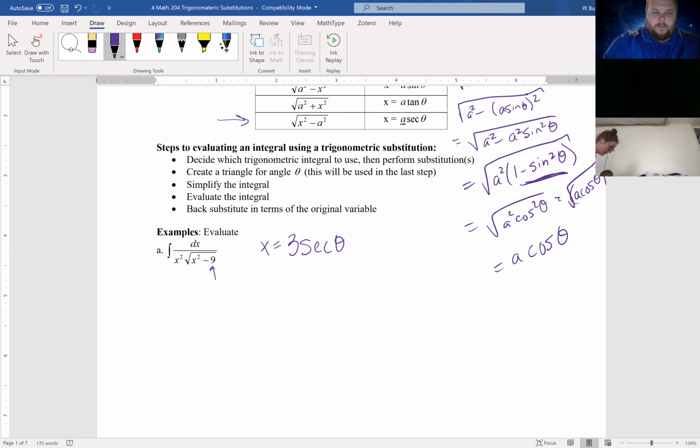All right. So I'm going to make a substitution for x, but if that's the case, I also have to substitute for dx. So dx in this case, right, I need to take the derivative of secant, that's secant theta, tangent theta, and very importantly, a d theta.